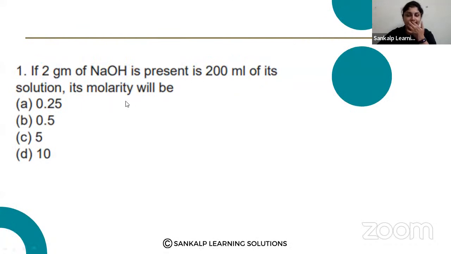The first question: if 2 grams of NaOH is present in 200 ml of its solution, its molarity will be? There are 4 options. We will solve this. Just now we have seen what molarity is.